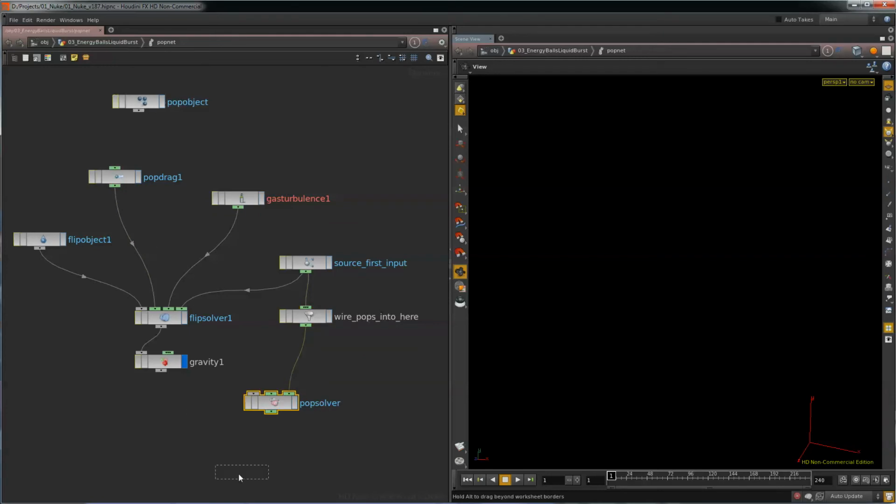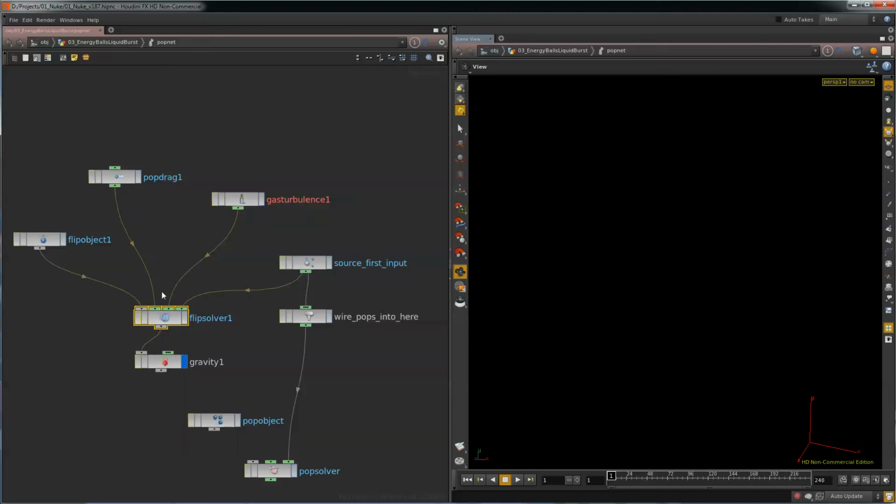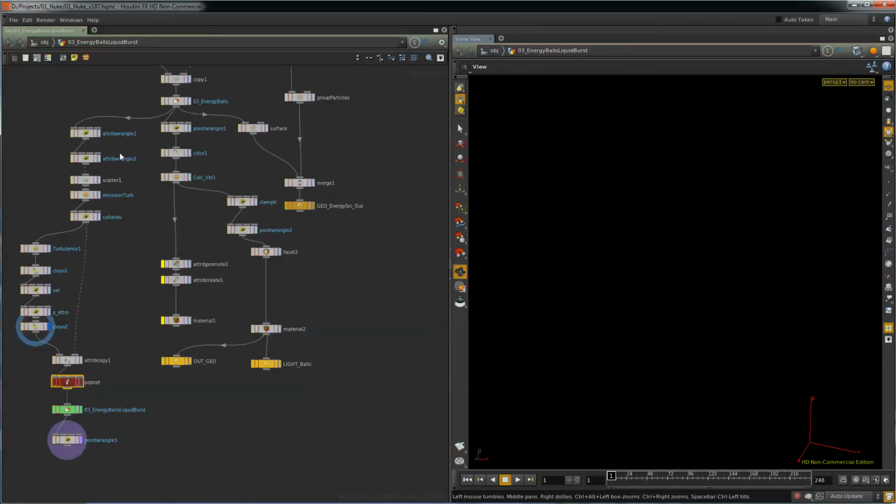I would wire in my stuff here to get it going, test the impact speed, and then put it through the flip. As you can see, it's really simple. Here's a gas turbulence, flip solve, pop drag, and then a source, and then I'm done. It's 10 million particles emission on that one. And that's really it, but it took a lot of tuning.